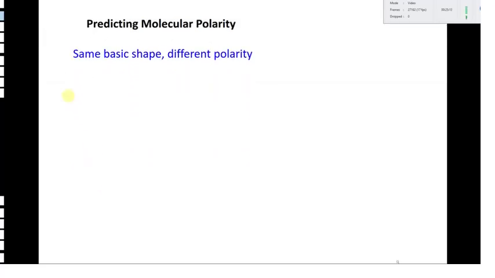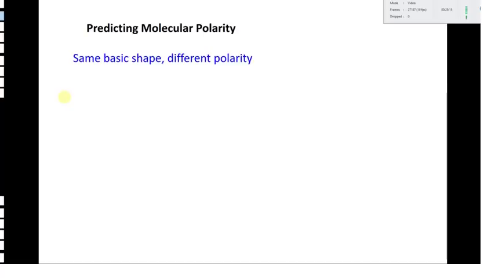And then finally, we do have situations where, even though they are one of those AXM structures and don't have any lone pairs, they can still be polar. So sometimes molecules that have the same shape can have different polarities.